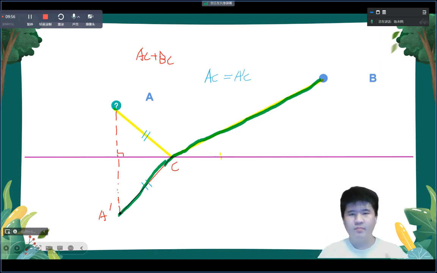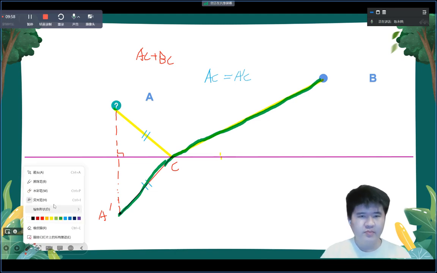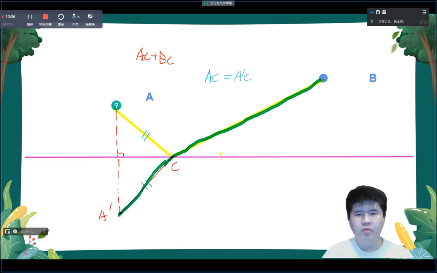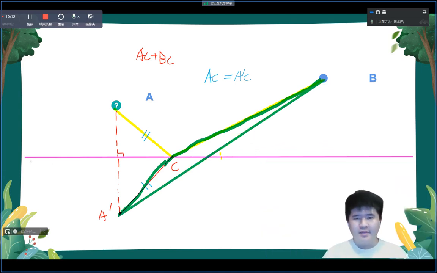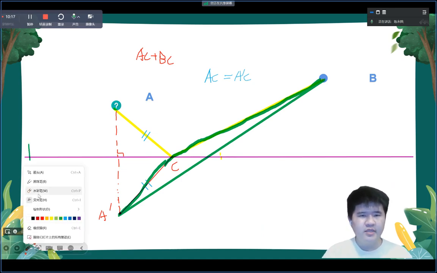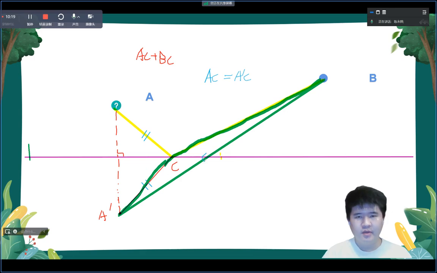And then where is point C now? We just see where is the intercept between the line A prime B and the river.